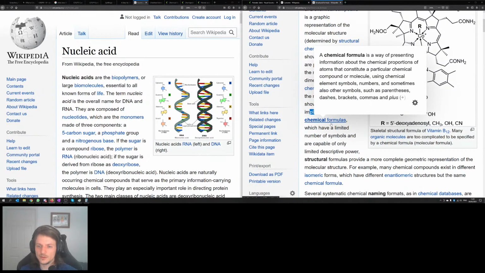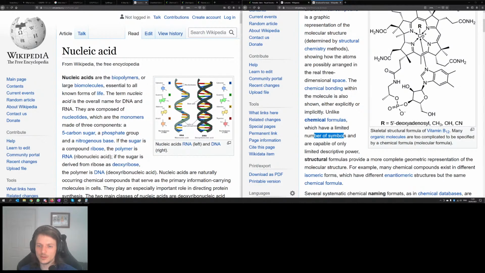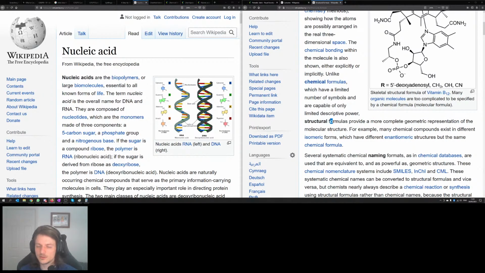Unlike chemical formulas, which have a limited number of symbols and are capable of only limited descriptive power, structural formulas provide a more complete geometric representation of the molecular structure. For example, many chemical compounds exist in different isomeric forms.